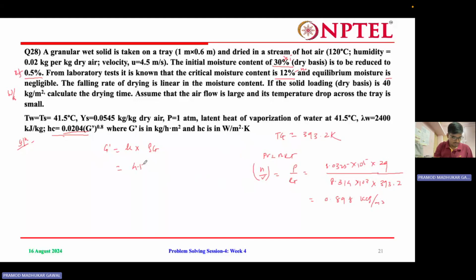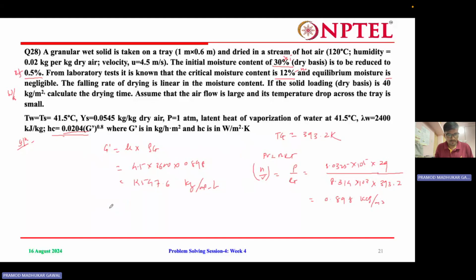So 4.5 into 3600 into density 0.898 gives 14547.6 kg per meter square per hour, which is G. Now put this in the relation.